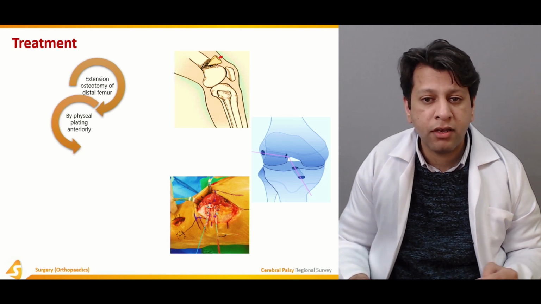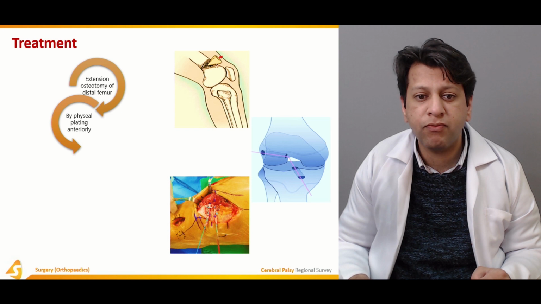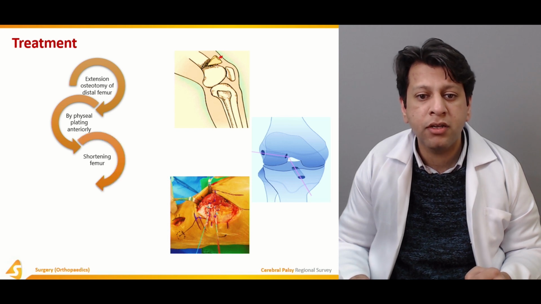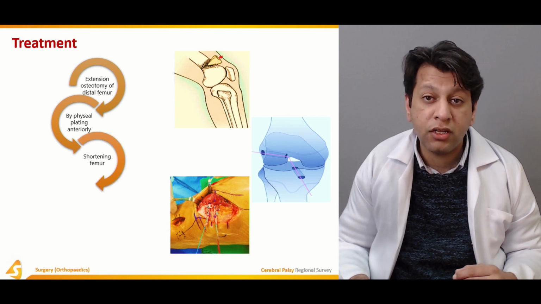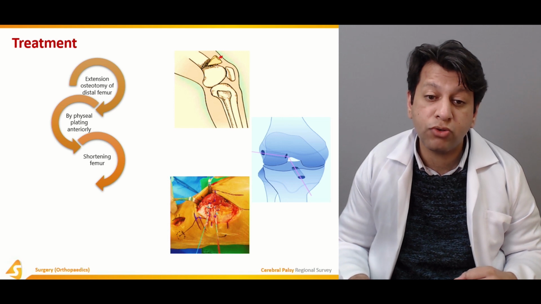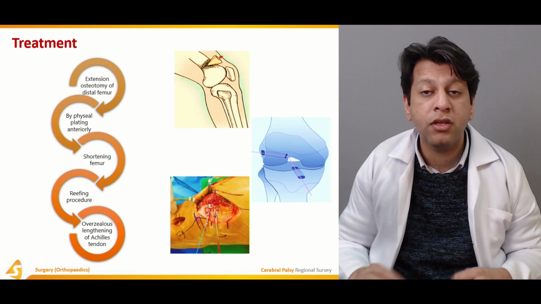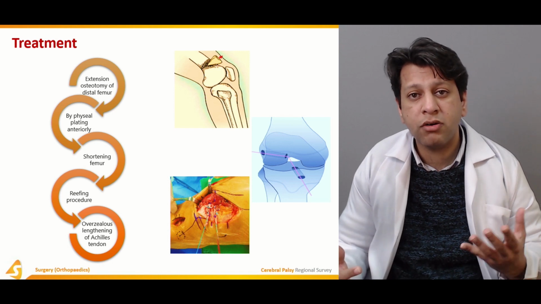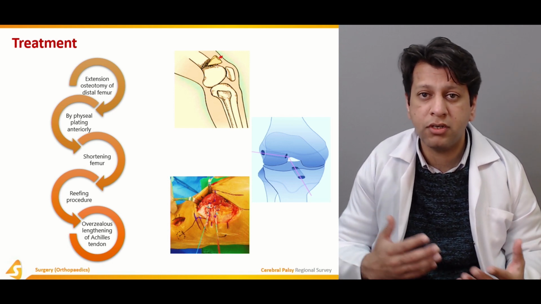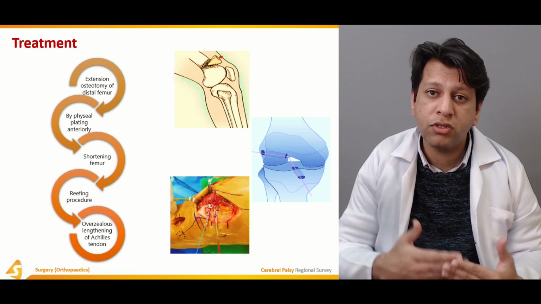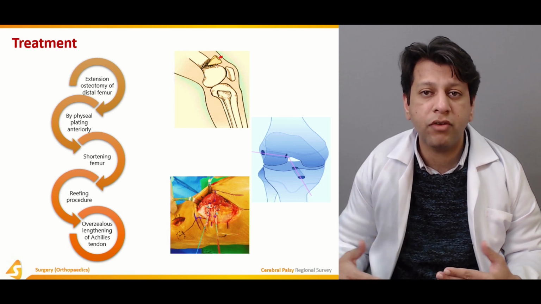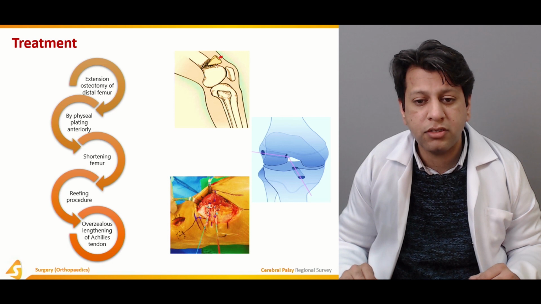Once the osteotomy is done, physeal plating can also be done. This anterior shortening of the femur is sometimes also helpful, or a reefing procedure is also helpful. There may be associated gastrocnemius tightness, so hamstrings and all of this have to be released along with lengthening of the gastrosoleus and Achilles tendon as well.